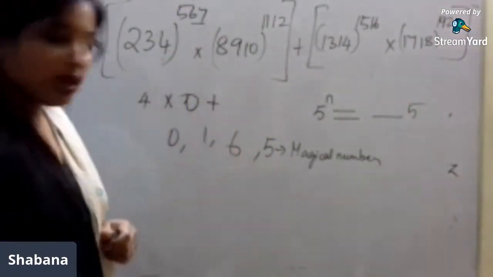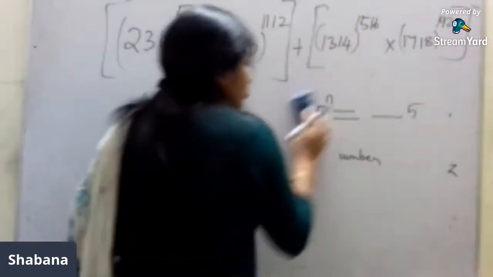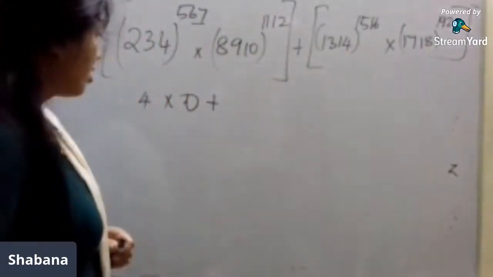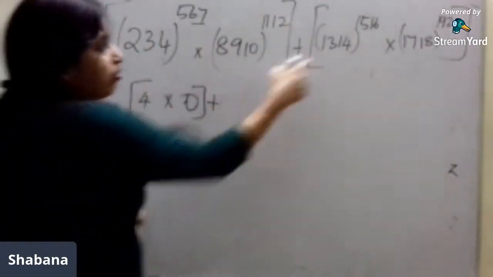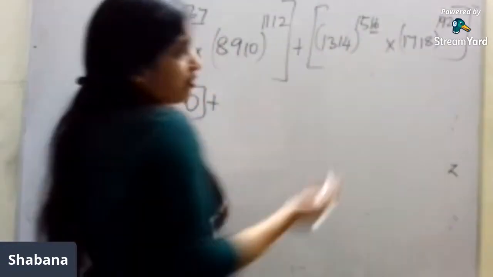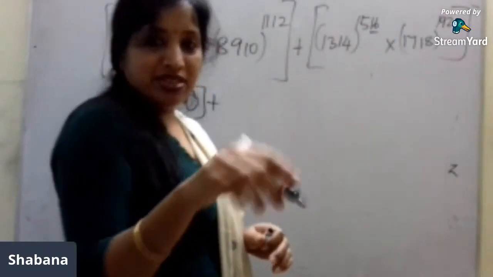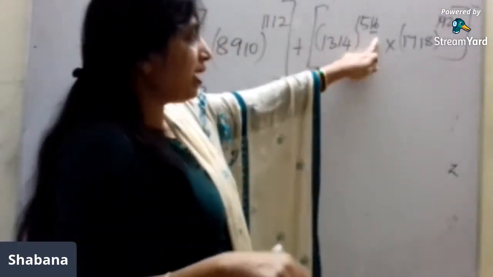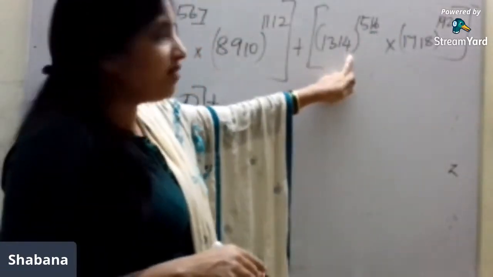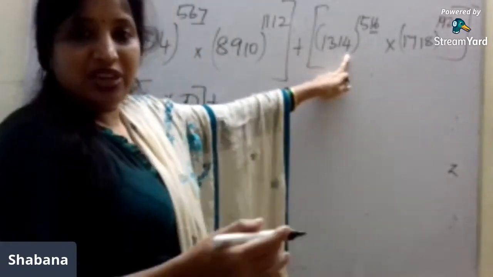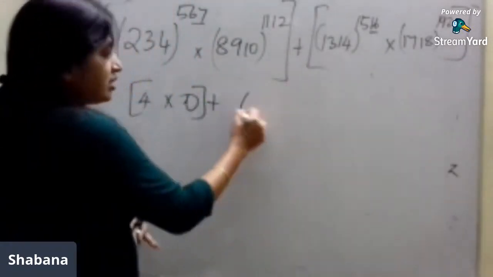Let me erase all this. So plus, then I'll take this. Now 4, 50, 16. 16 is of course divisible by 4. It leaves a remainder 0. Since the remainder is 0, I look out for whether it is odd or even. This is even. So if it is even, the table says the last number is 6.